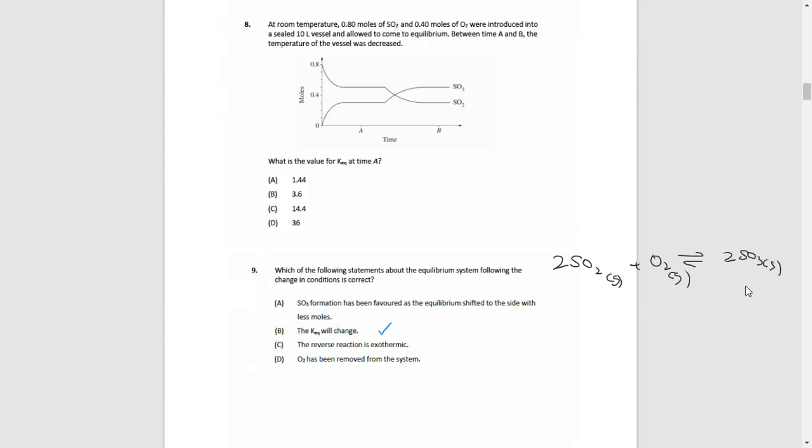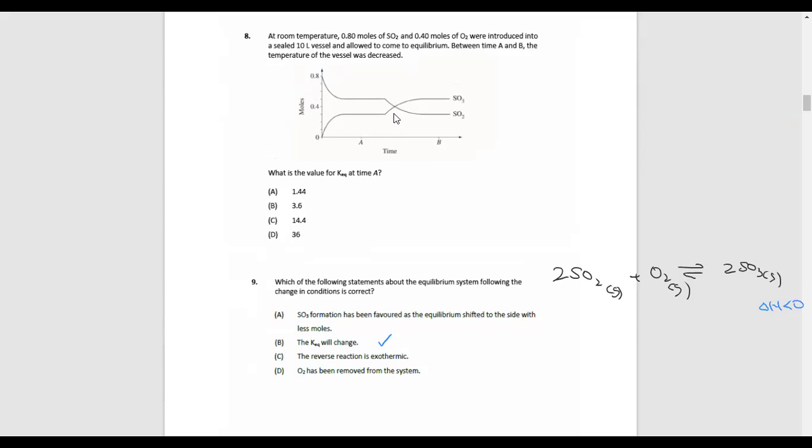You may know that this is exothermic from general knowledge, which is possible because it is part of your content. But the other thing is you can look at this: you've now got more SO3 as a result of a decrease in temperature. So temperature has gone down, okay?